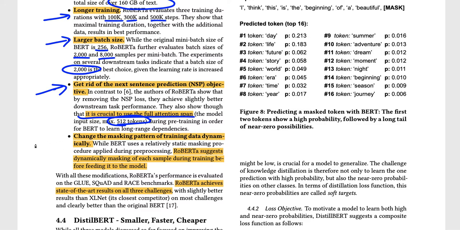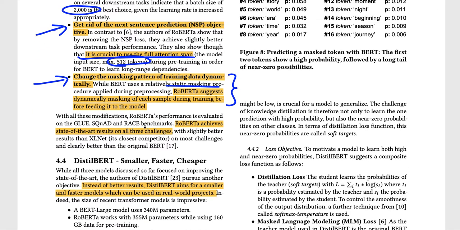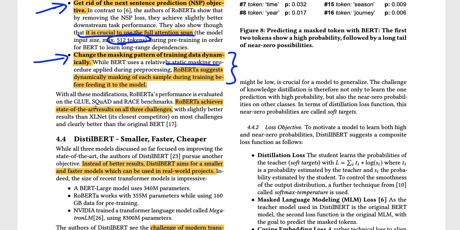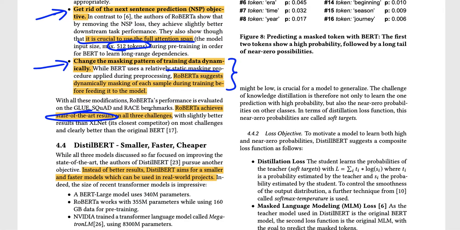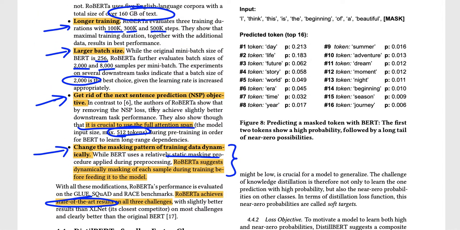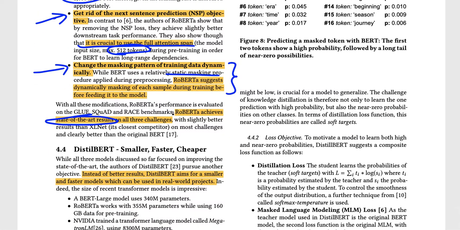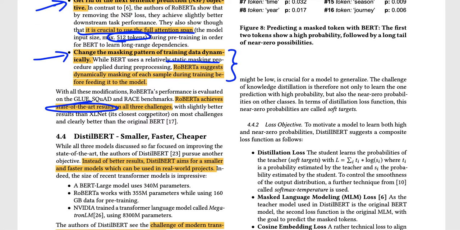And lastly, they changed the masking pattern of the training data dynamically, unlike the static way in BERT. Doing all this, it achieves state-of-the-art results. So without changing anything in the architecture, by tweaking the other aspects of the design, they are able to get state-of-the-art results. So that is about the RoBERTa paper.